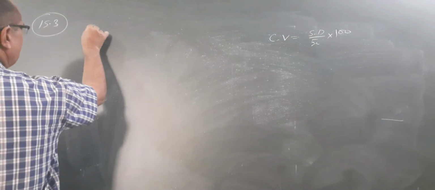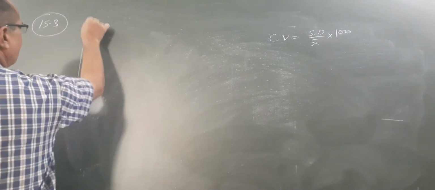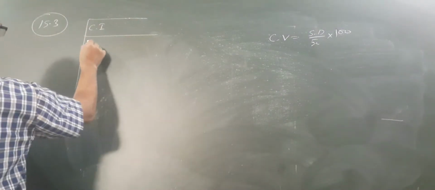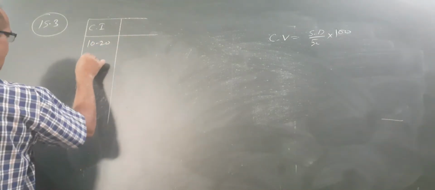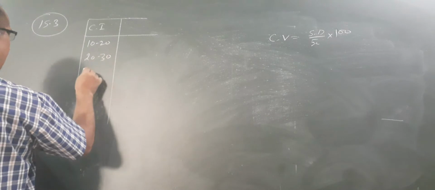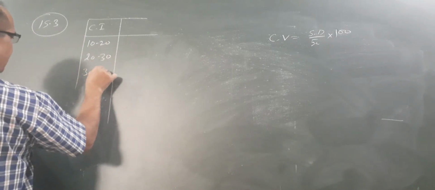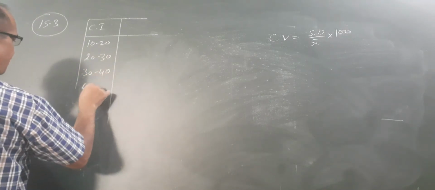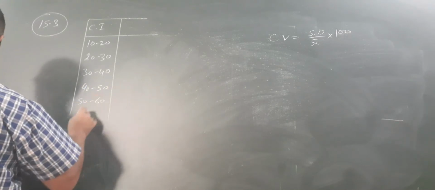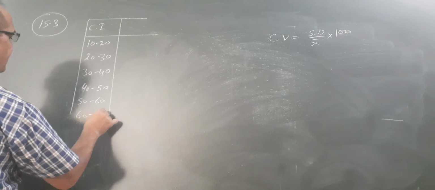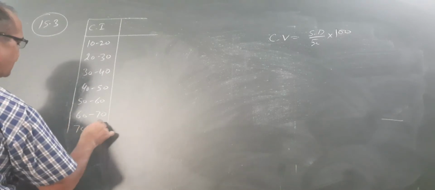I am writing one question of this exercise, and you have to solve it. I am just writing the question and giving you a hint on how to solve it. The class intervals are 10 to 20, 20 to 30, 30 to 40, 40 to 50, 50 to 60, 60 to 70, and 70 to 80.